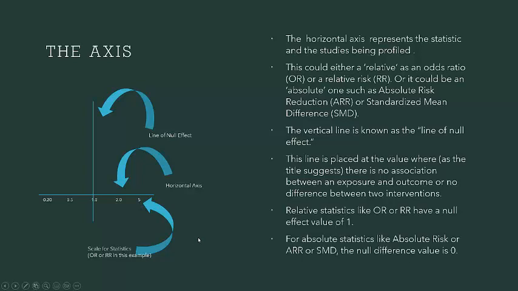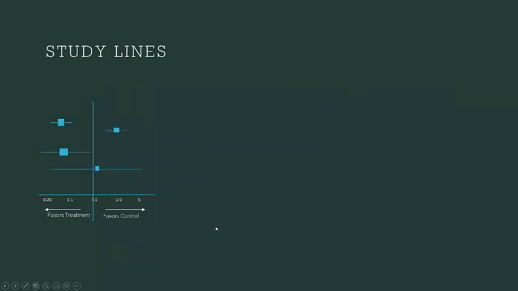Now these numbers are the scale for statistics, either odds ratio or relative risk, like in this particular example which we are discussing. Relative statistics like OR or RR have a null effect of 1. For absolute statistics like absolute risk reduction or SMD, the null difference value would be 0. So it will be 0 over here in that case.